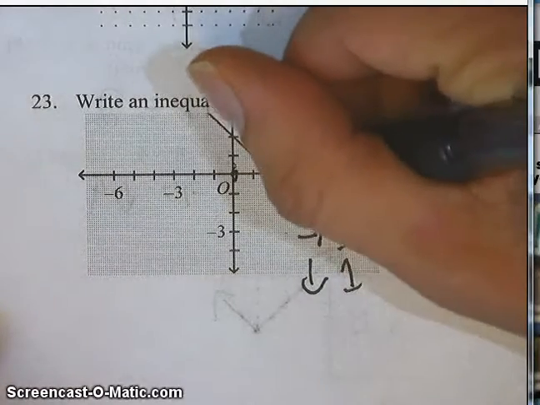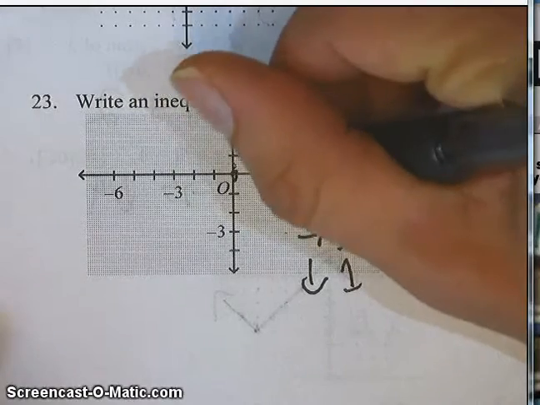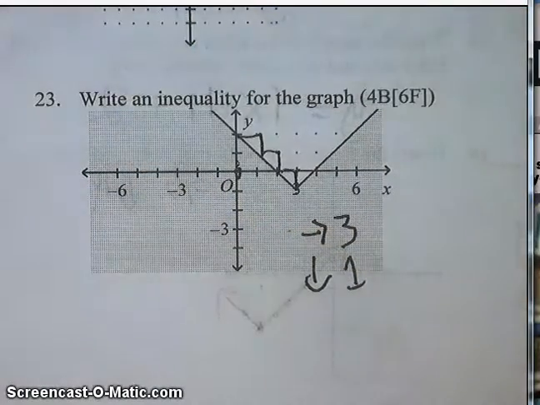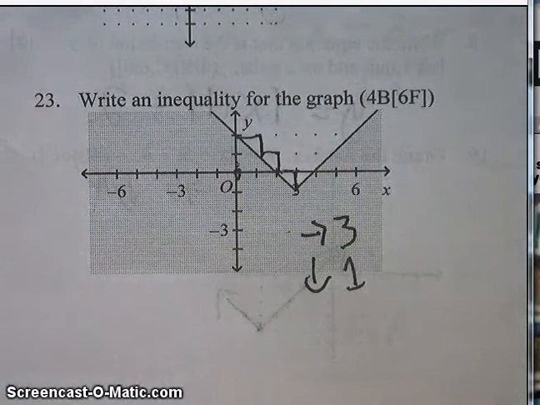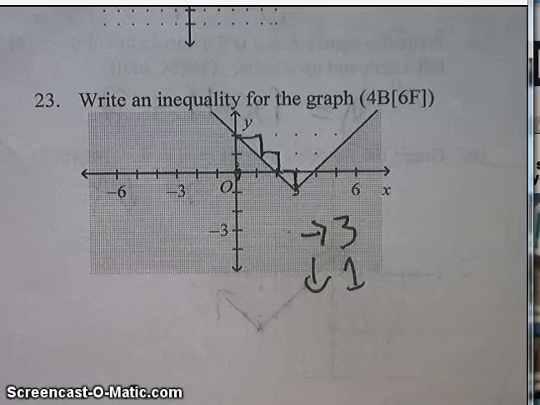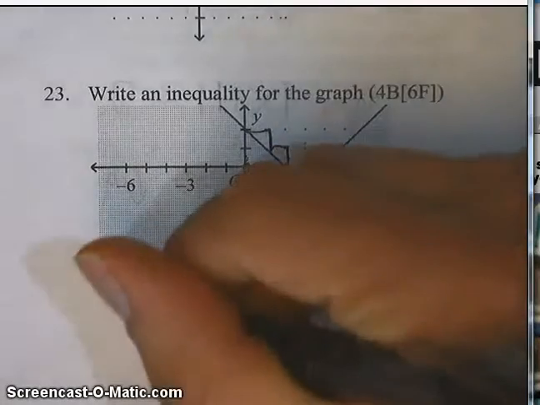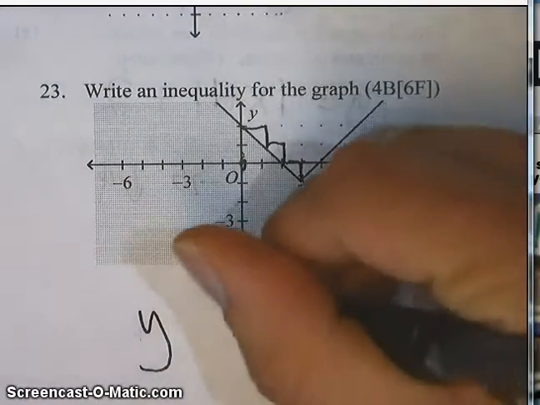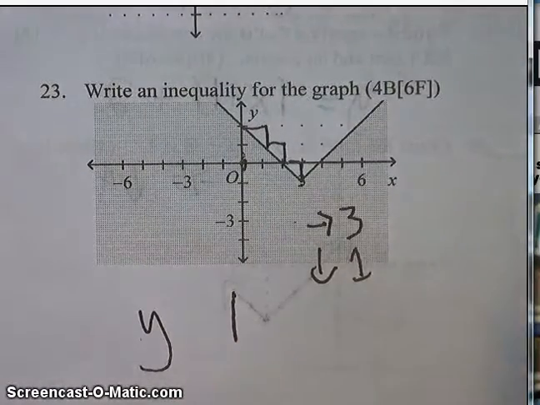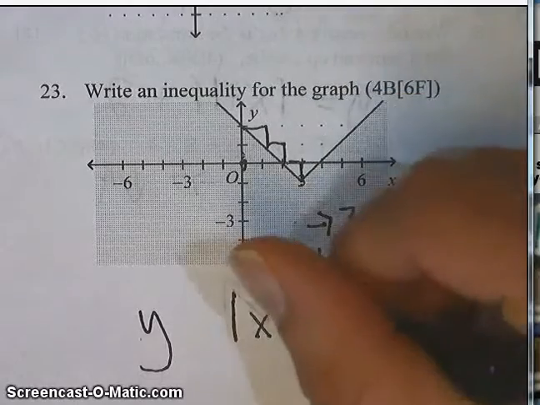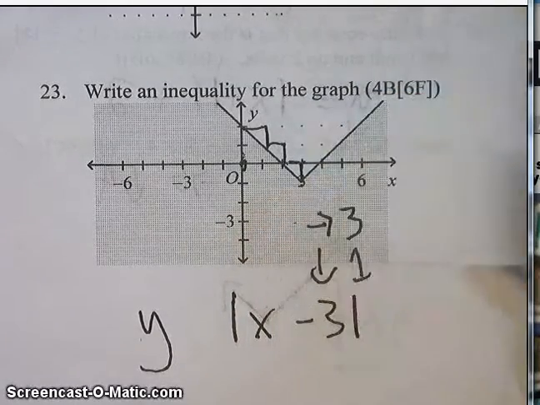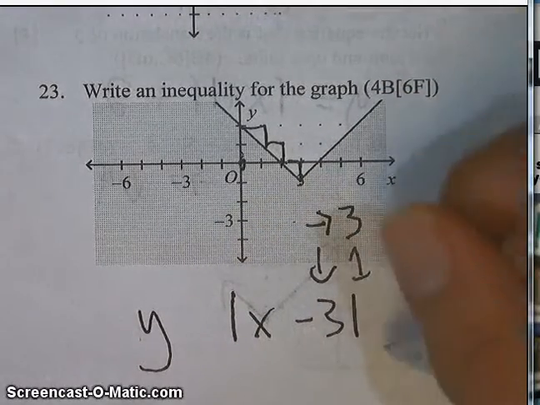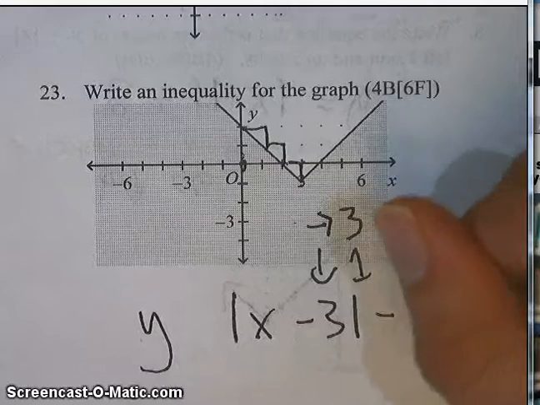Looks like this thing is going up 1 over 1, up 1 over 1, up 1 over 1. So there's no vertical shift, no vertical stretch, no vertical compression, nothing like that. So the equation is going to be y something. I'll deal with the inequality in a moment. No negative, no number. X, if it's right 3, it's going to be minus 3. And down 1 is minus 1.